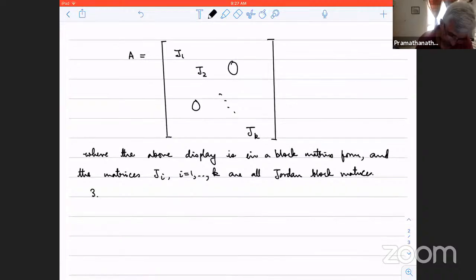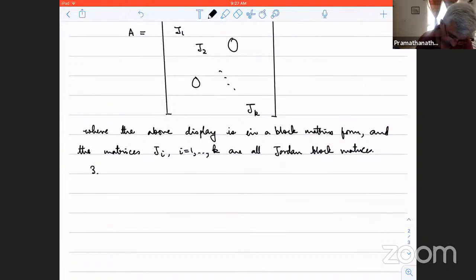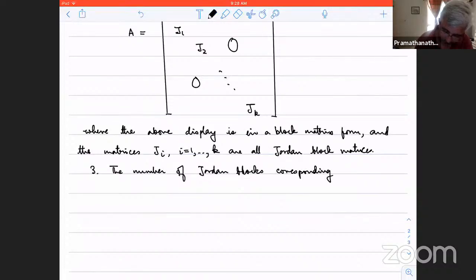Three: the number of Jordan blocks corresponding to an eigenvalue lambda.